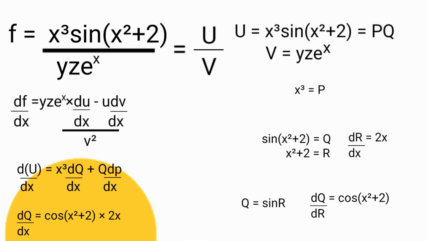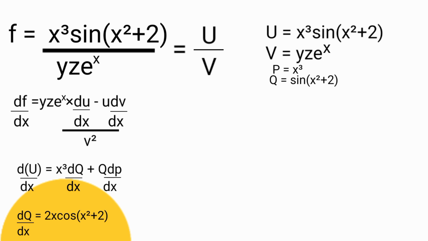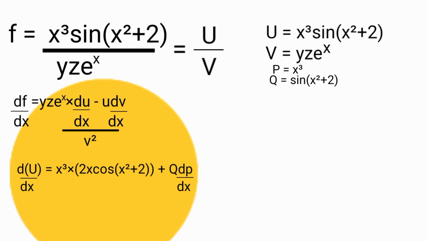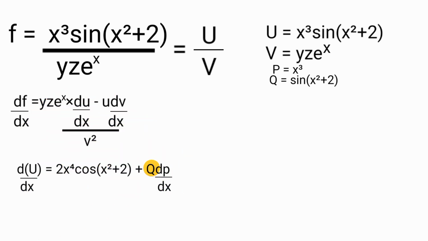So dq/dx is equal to cos of x squared plus 2 times 2x, which is 2x cos of x squared plus 2. So since we have dq/dx now, we can substitute it into this equation here. So du/dx is equal to x cubed times 2x cos of x squared plus 2, which is 2x to the power 4 cos of x squared plus 2, plus q, which we have here as sine of x squared plus 2, times dp/dx.